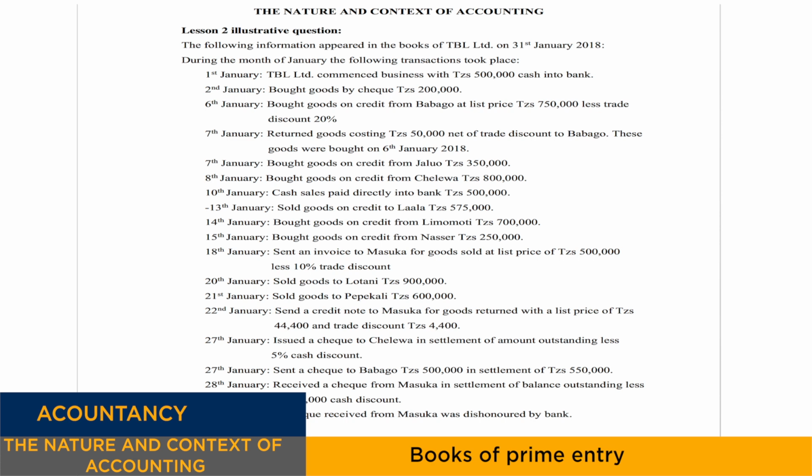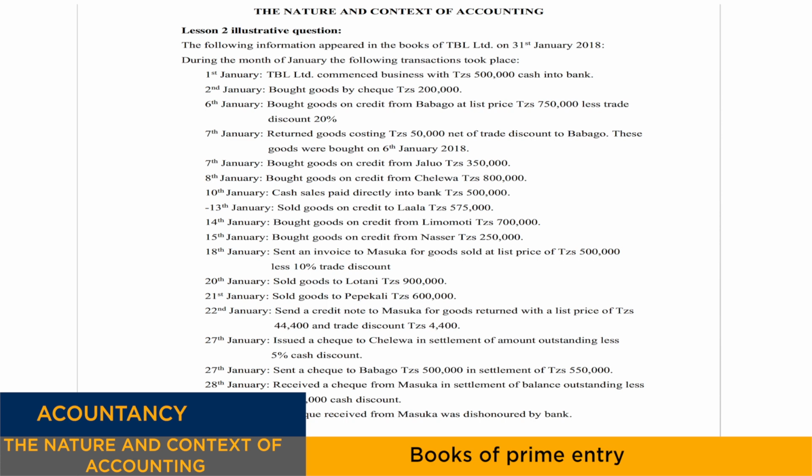On 27th January, sent a check to Babago, Tanzania shillings 500,000 in settlement of Tanzania shillings 550,000. On 28th January, received a check from Masuka in settlement of the balance outstanding less Tanzania shillings 20,000 cash discount.